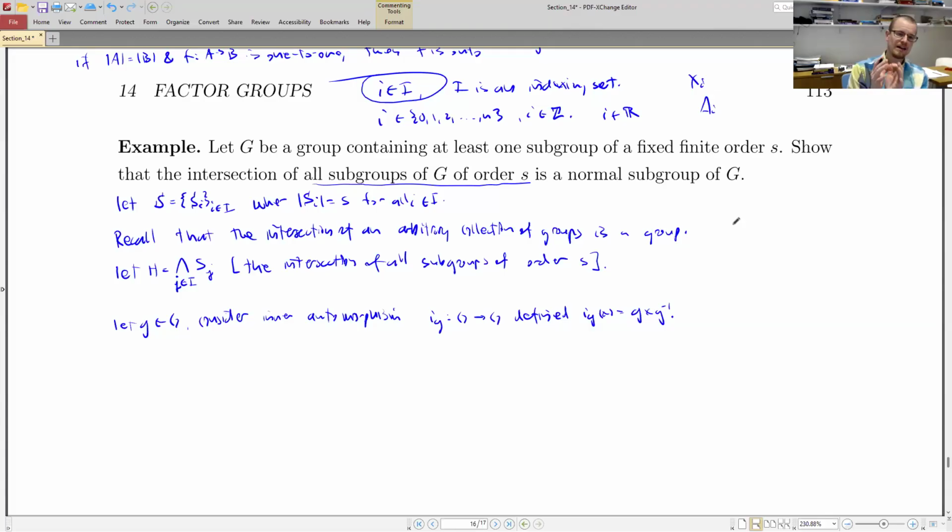I need to get that for each G. I want to show that this inner automorphism is going to fix this subgroup H. We talked about that a little while ago. Inner automorphisms will fix normal subgroups. So I want to show that it fixes this.